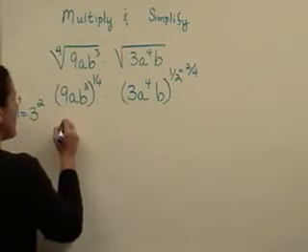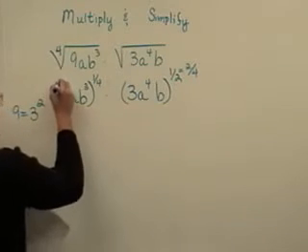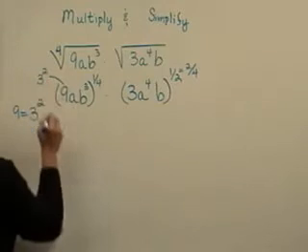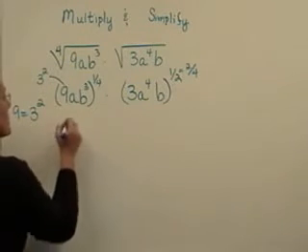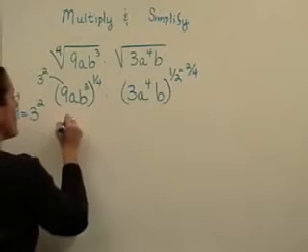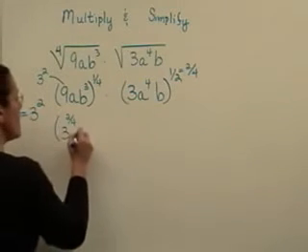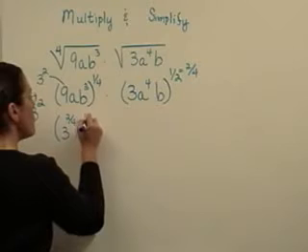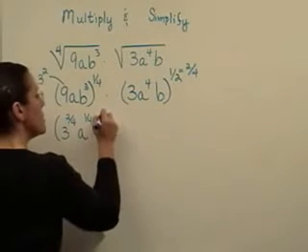Again, think of this as 3 to the 2nd power. So 3 to the 2nd power raised to the 1/4 power will be a 2/4 as an exponent. I will have a to the 1/4 and b to the 3/4.